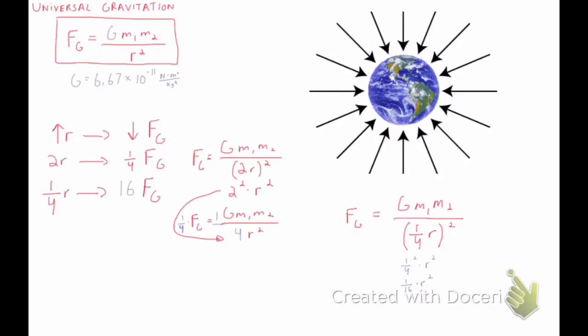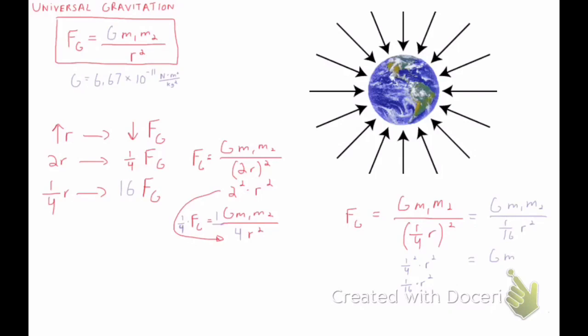Again, if you don't see it, I'll write it out nicely using a different color. Right here I'll write it out. We have the G times the M1, the M2, all over now 1/16 r squared. Staying true to algebra, we rewrite this.